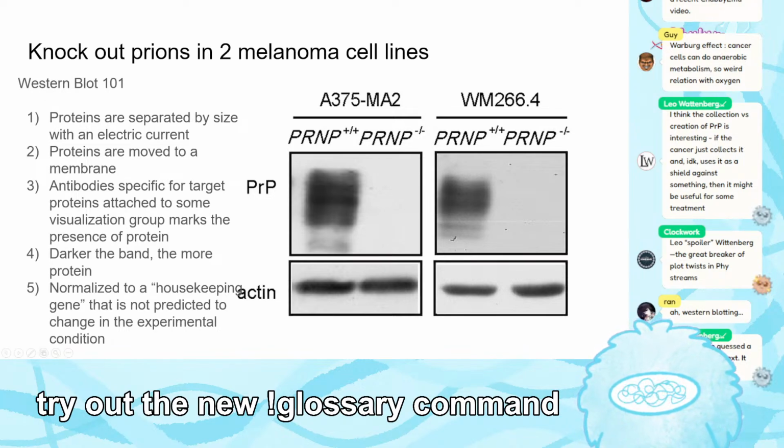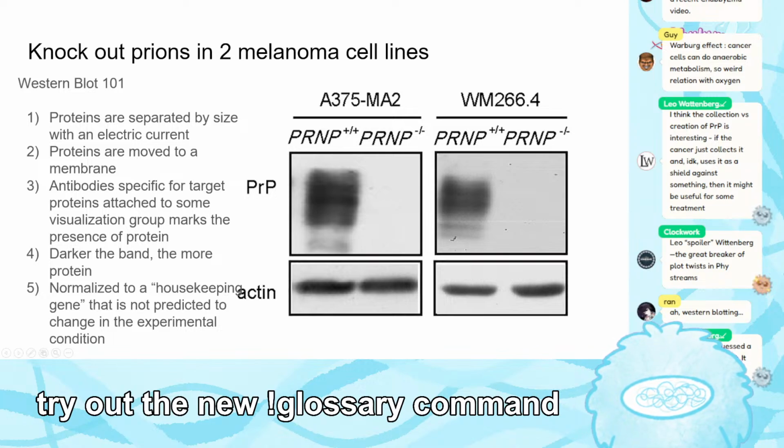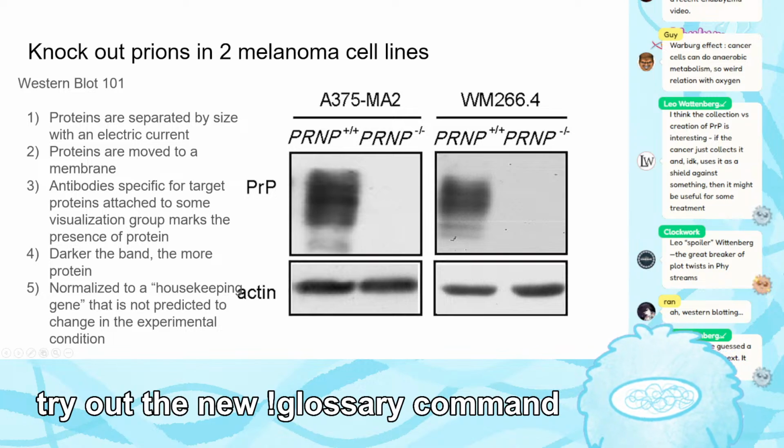This is my Western blot 101. If you have attended a couple of these streams, you don't really need this recap, but I will do it anyway, just in case people are new here. First thing that happens in a Western blot is that proteins are separated by size with an electric current. Proteins are then moved to a membrane in a kind of ladder orientation, where the larger proteins are higher up in the ladder and the smaller proteins in the lower end.